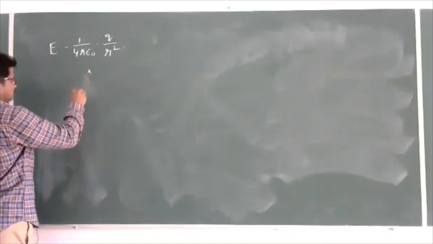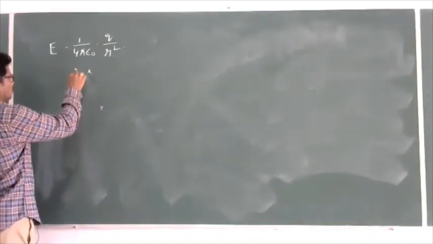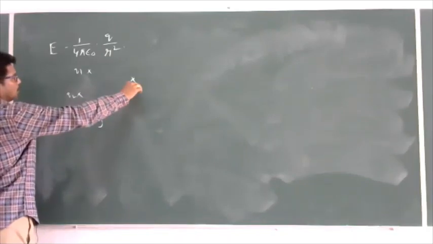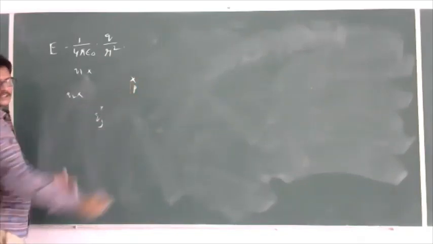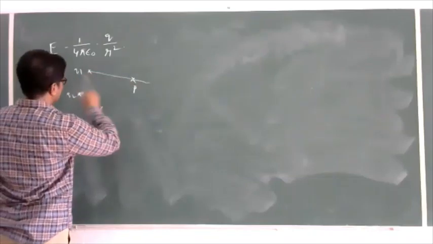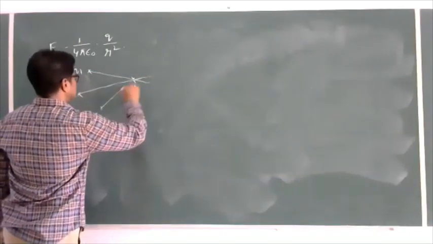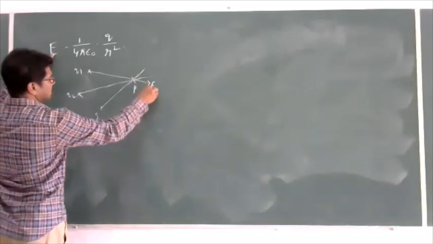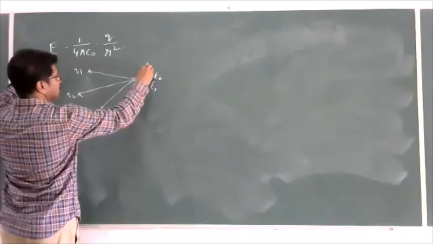Okay, if 3 charges are there, Q1, Q2, Q3, and I want to find the electric intensity at this point P, then here also we can make use of this formula. Here we'll get E1, here E2 and here E3.